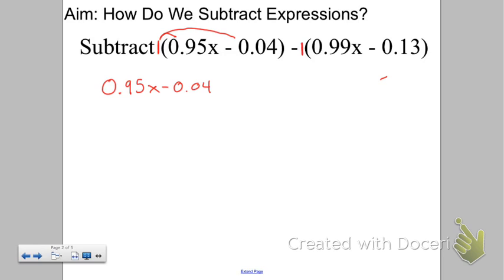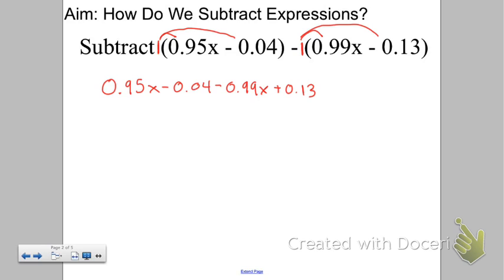Now there's also an imaginary 1 here, but it's negative, so I'm going to distribute this negative. Negative 1 times 0.99x is negative 0.99x. Negative 1 times negative 0.13 is a positive 0.13.